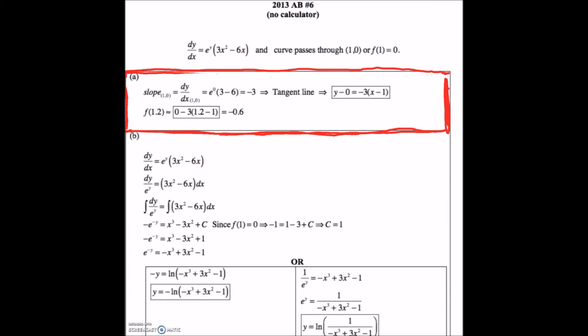Then he plugs both the slope and the coordinate pair into the tangent line equation y − y1 = m(x − x1). With that equation, he can plug in 1.2 for x to find the correct approximation of f(1.2).